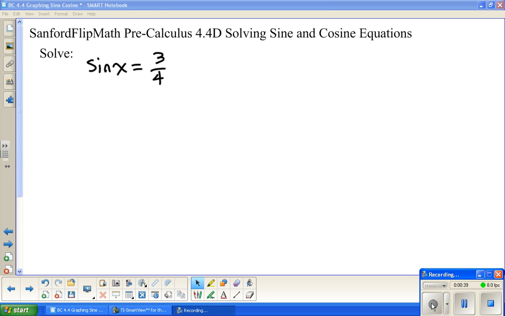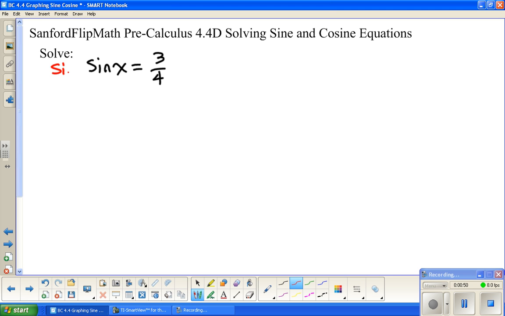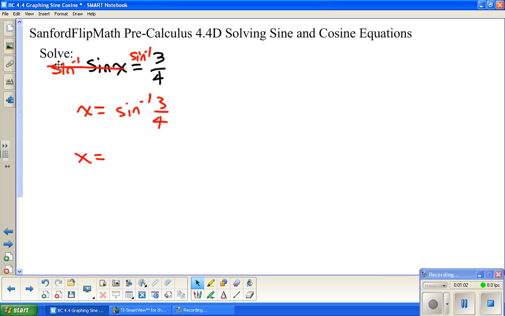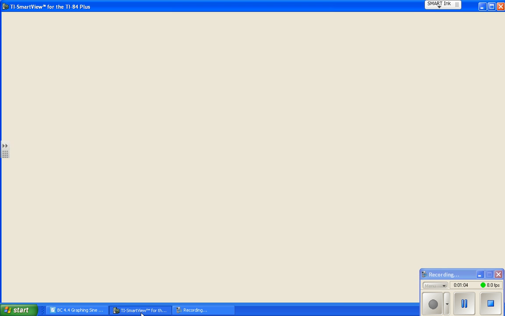So sine of x equals 3/4 is an example, and just so you're aware of how we've handled this before, the basic process is we're going to do inverse sine of each side, and we're left with x equals inverse sine of 3/4.